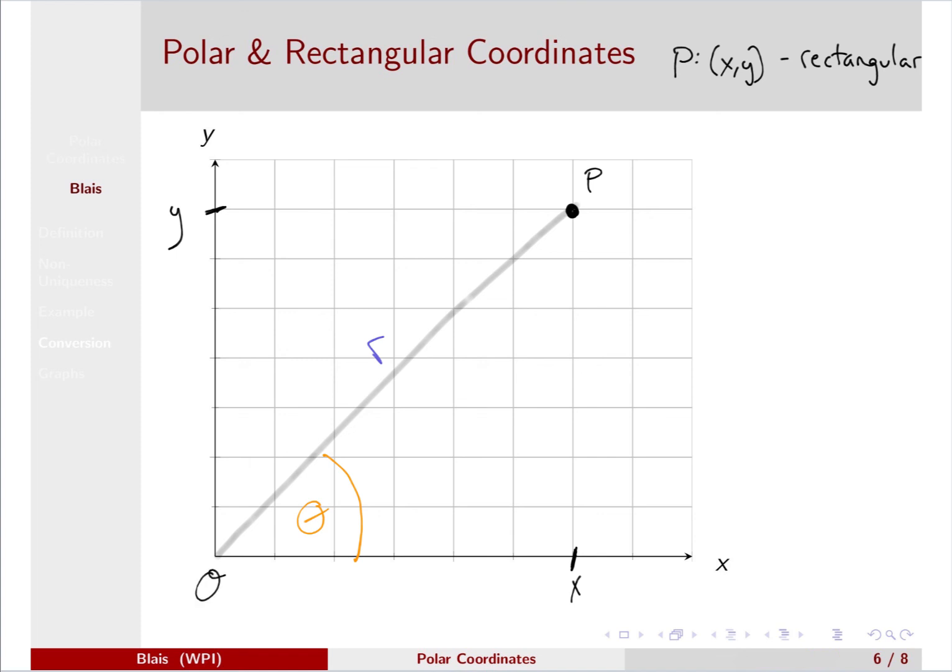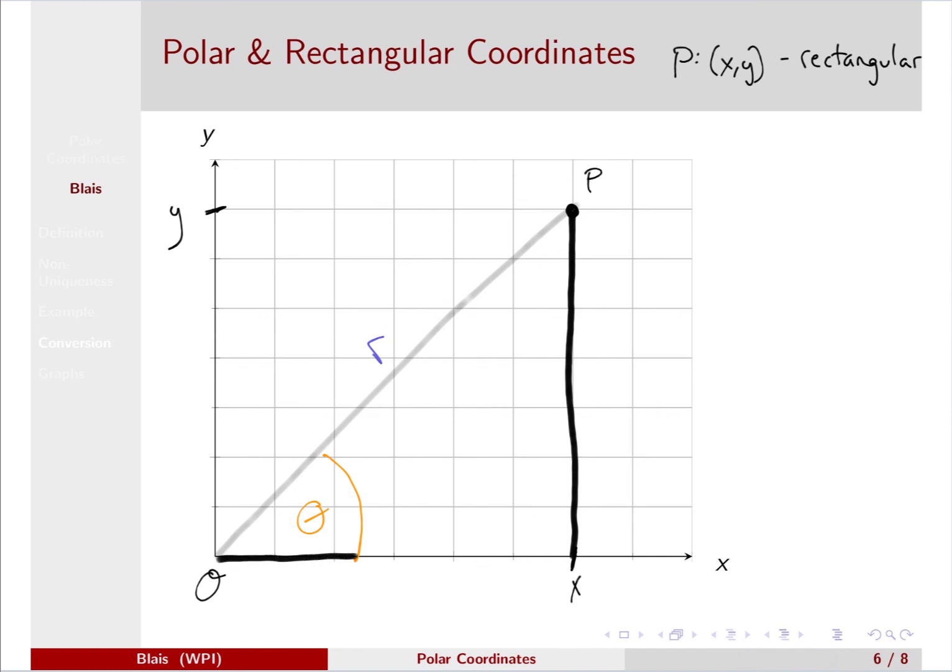So this is basically the labeling we have. But let's now think about this as a triangle. So let's think of the triangle here.